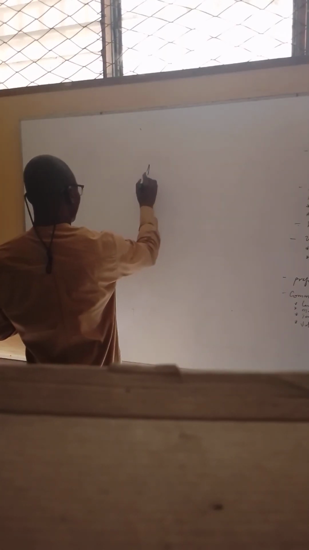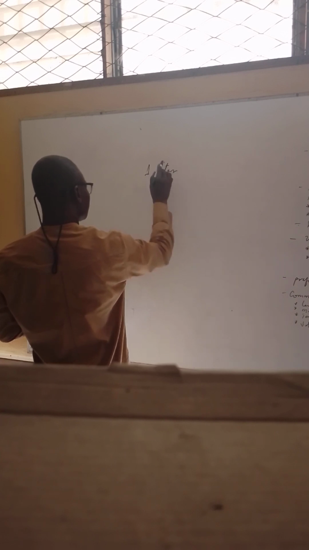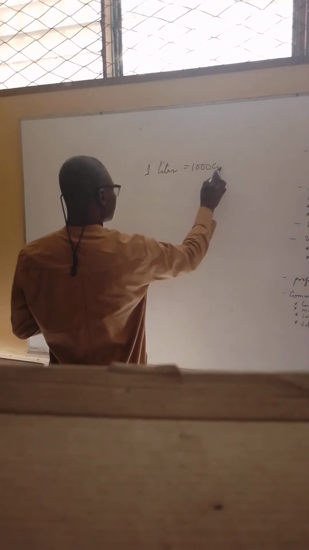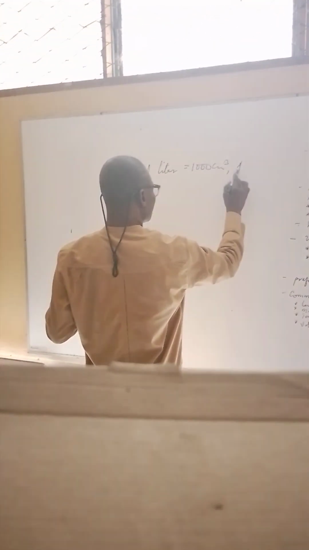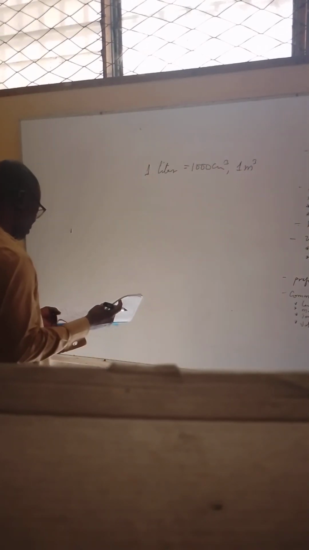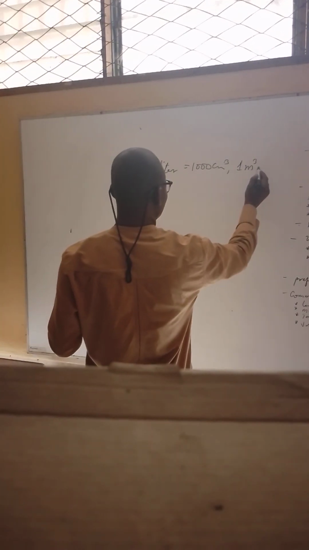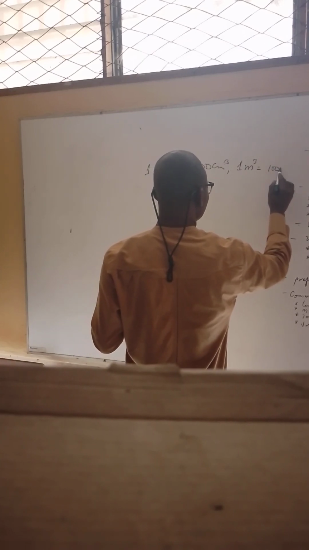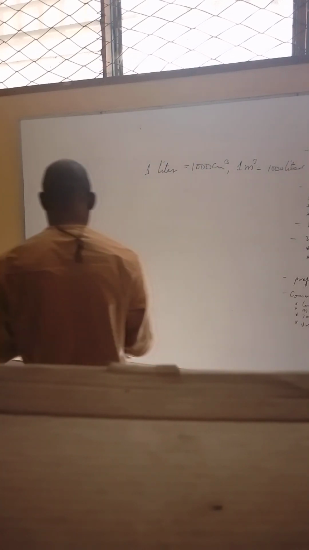We have that 1 liter is equal to 1,000 cm3, which is the same thing as 1 meter cube. 1 meter cube is 1,000 liters.